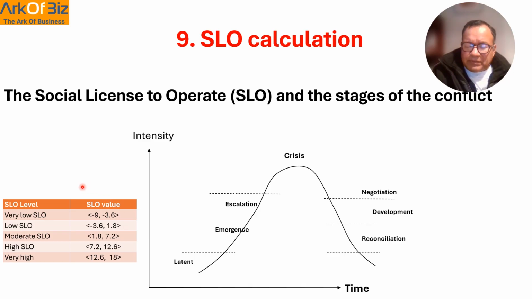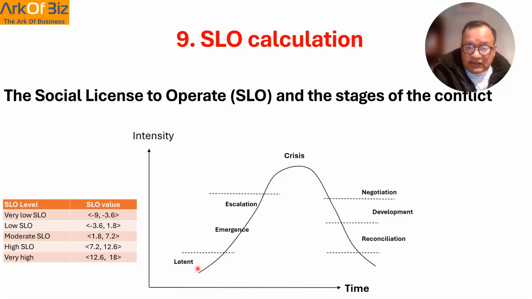To have a better understanding of these SLO levels, let's see the stages of the social conflict curve. You remember this curve? When the conflict starts, they start with latent conflict, they go to the emergence and escalation, then to the crisis. This is the worst scenario. Here, the SLO is very, very low.